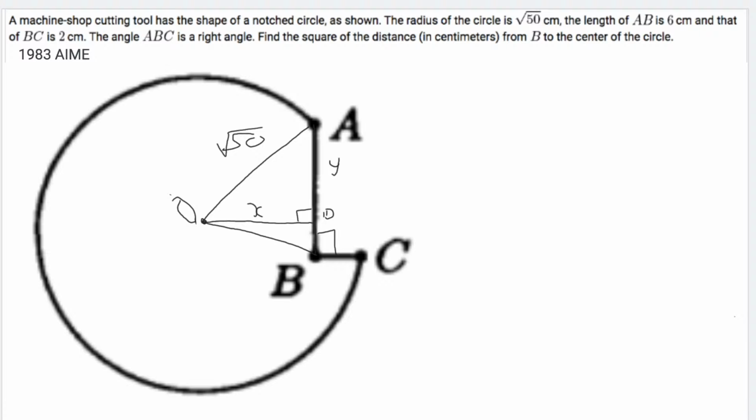It's just 6 minus Y. Because AB is 6, and the other segment is Y. So you just subtract those, and you get 6 minus Y as this. So I'm just going to draw it here again. So this is 6 minus Y. Now try solving it. Yeah, try solving. It's a very nice problem.